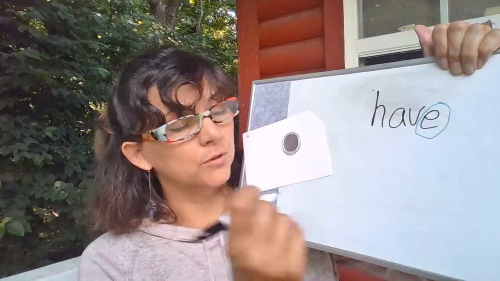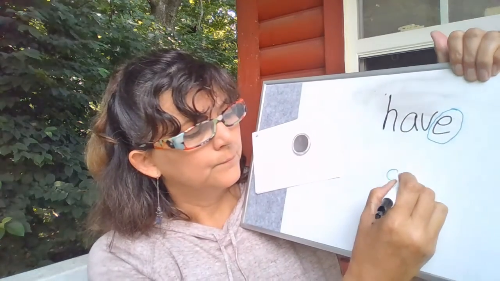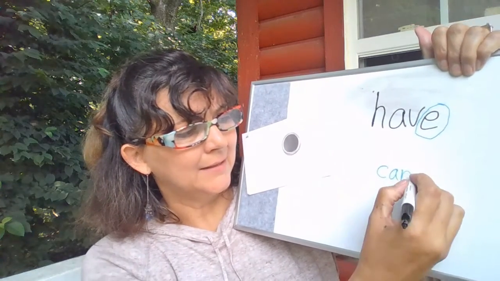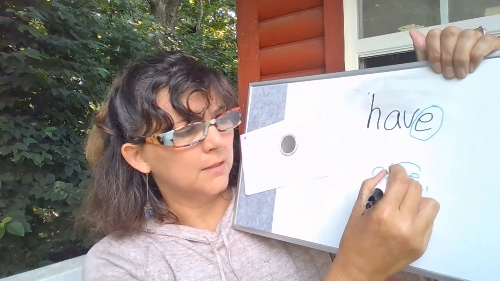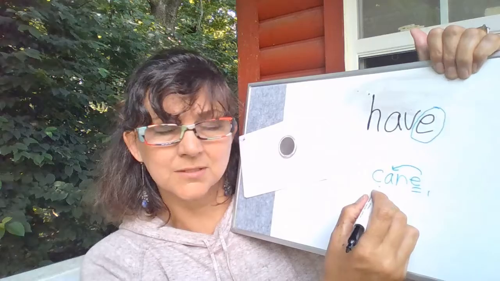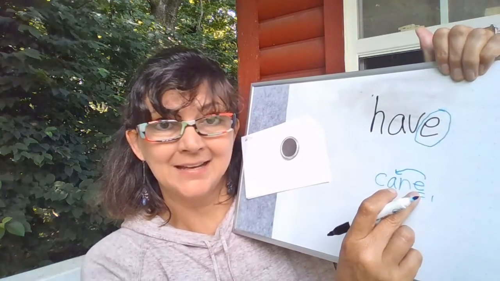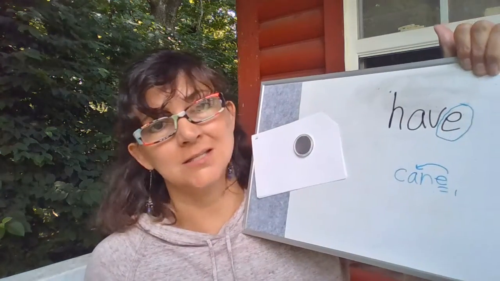The most important silent final E job is taking a word like can, jumping over that consonant to make the A say its own name. So the word is cane. But in this situation, it's doing a different job.